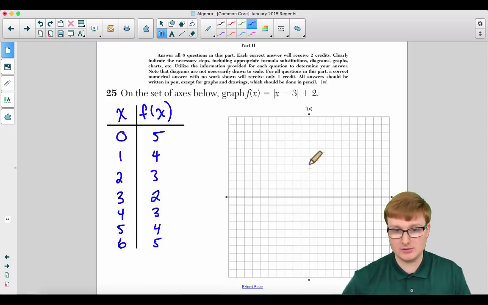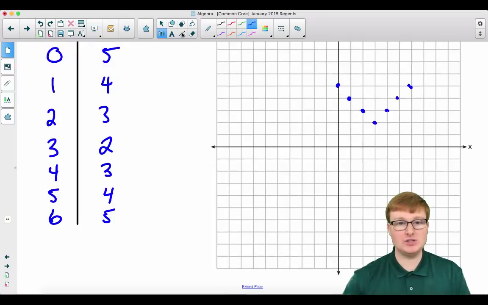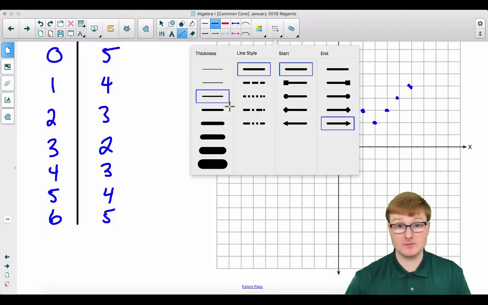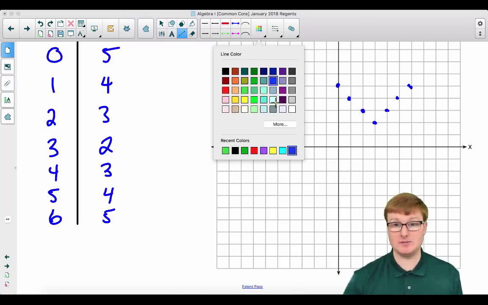So 1, 2, 3, 4, 5, 1, 4, 2, 3, 3, 2, 4, 3, boom, boom. We're almost done with this graph. All we need to do now is take a ruler. I could use these tools that I have on my computer.